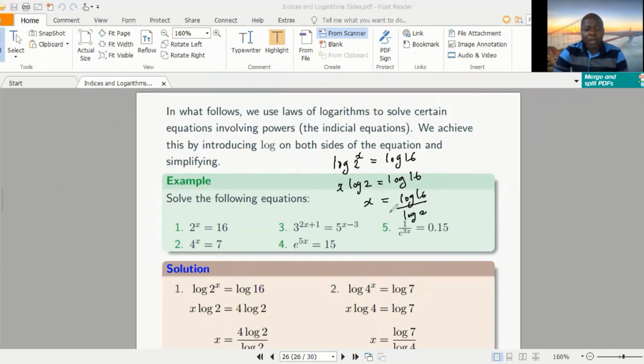You can use your calculator, but I do not want to do that, because I know that 16 is the same as 2 raised to 4. So this is 4 log of 2 over log of 2, and this can cancel to leave me with 4.